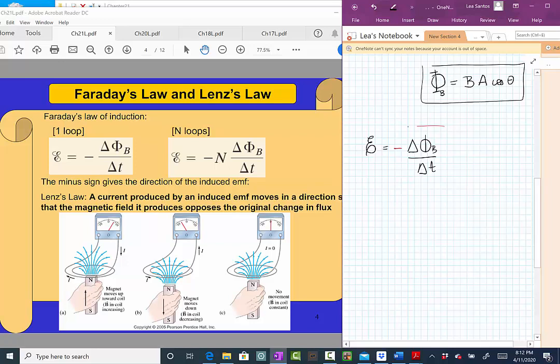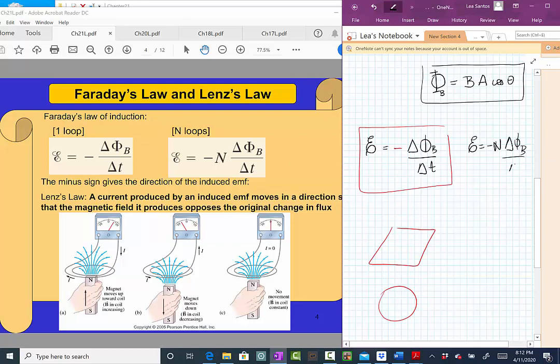Well, this equation here we are going to use if we have a single loop, like this single loop, or it could be a circle. But we are going to use the same equation, now multiplied by N, if we have many loops. Why multiply by N?